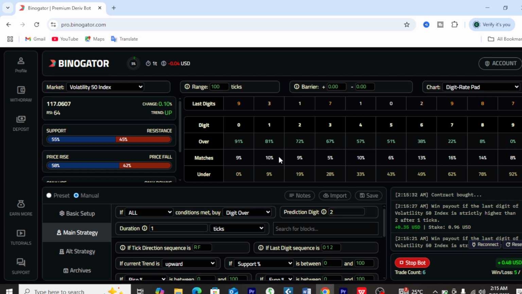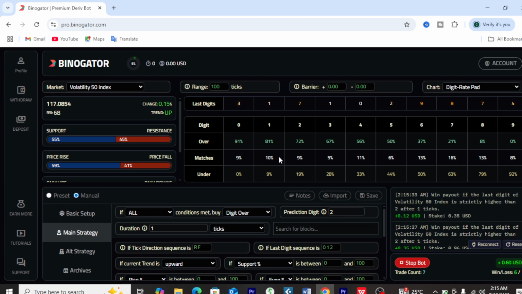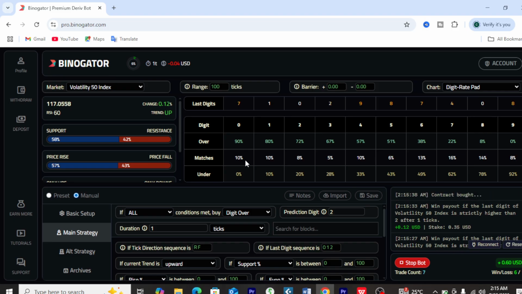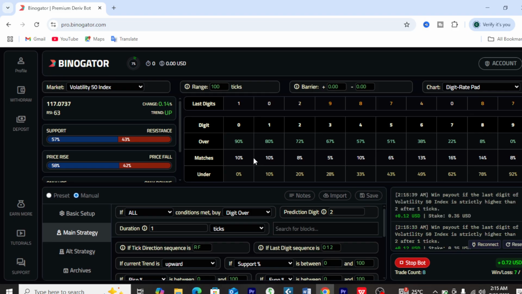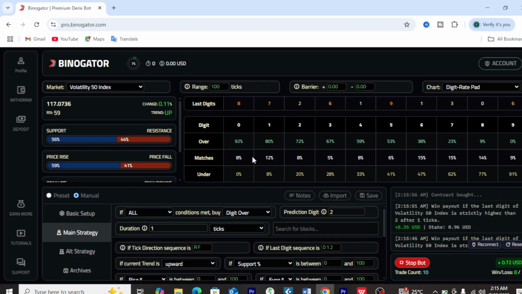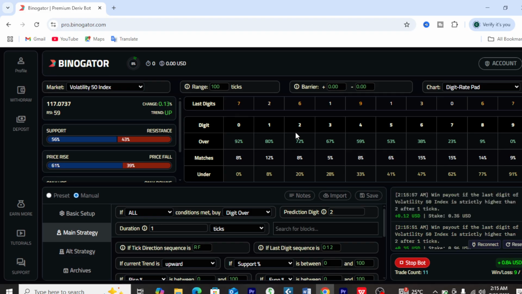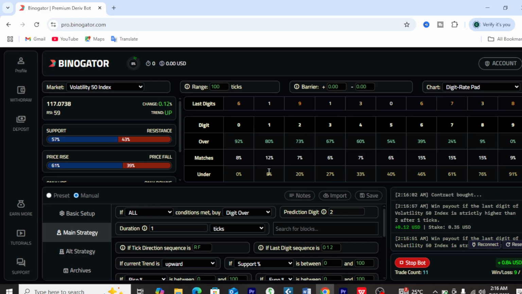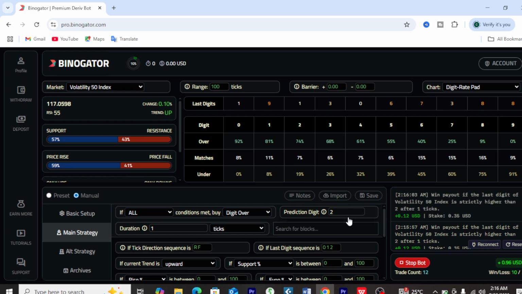So what I'm going to do is, if it gets above 10%, I'm going to stop the trade, because we are using statistics here, we're using probability. So if it's more than a 10% chance that the market is going to produce a last digit that matches this particular digit, 0 and 1, that's the digits that are under 2, because I'm predicting that the digit is going to be over 2.